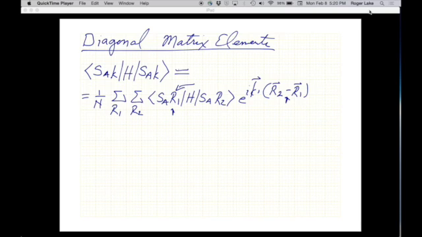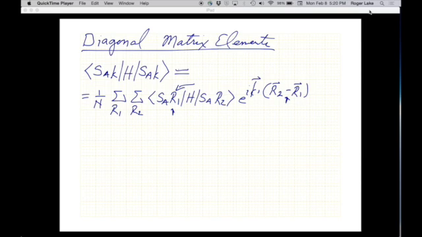All right, so this is the nearest neighbor model, and we know that the nearest neighbors of the A atom are all B atoms, so none of the nearest neighbors are going to be another A atom. So the only matrix element in this double sum, as usual, we'll fix R1 at the origin, right?